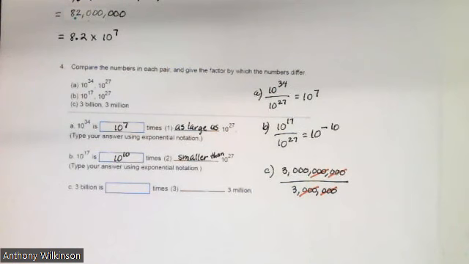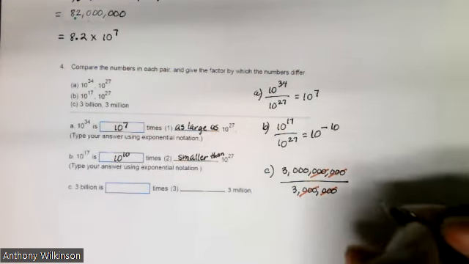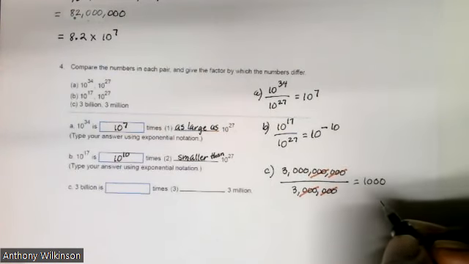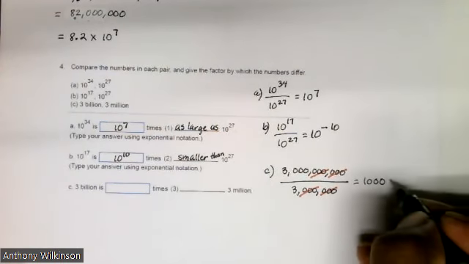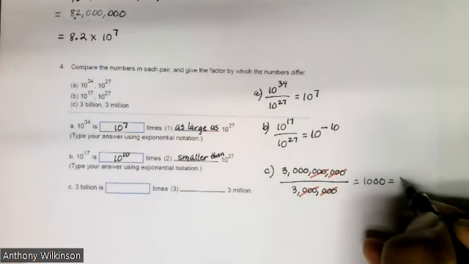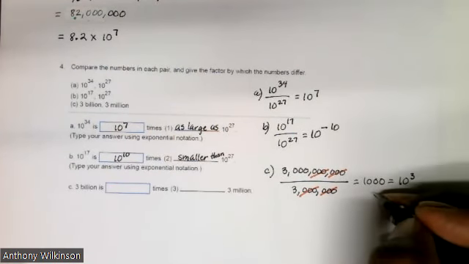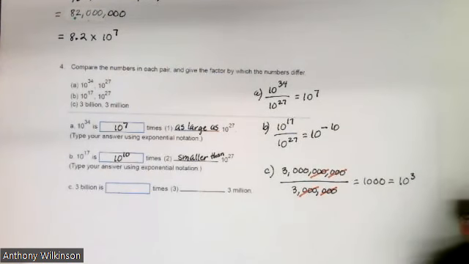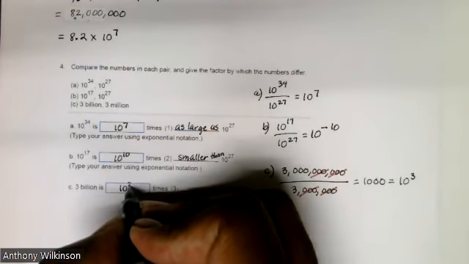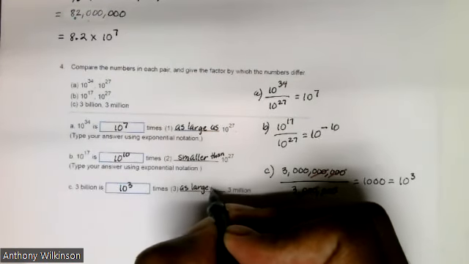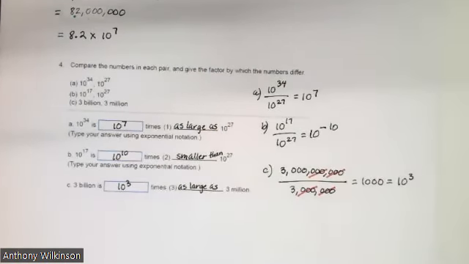And then 3,000 divided by 3 ends up being 1,000. Now, 1,000 in scientific notation would be 10 to the third, because 1,000 is 10 times 10 times 10, which is 10 to the third. So 3 billion is 10 to the third times as large as, because our exponent for the 10 is positive, 3 million.